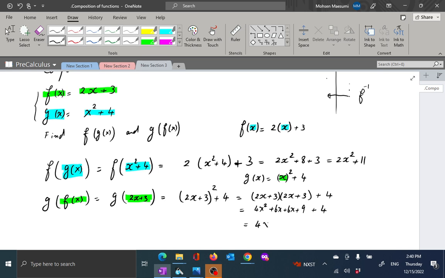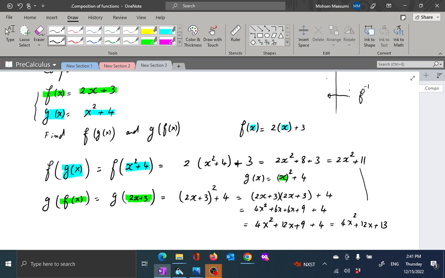So this is 4x squared plus 12x plus 9 plus 4. Quick action. 2x squared is 4x squared, 3 squared is 9, twice the product of the first and second. That's where the 12x is coming from. And then we had a 4 to add, so we add them, so we get 4x squared plus 12x plus 13.